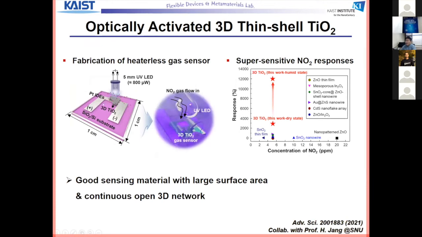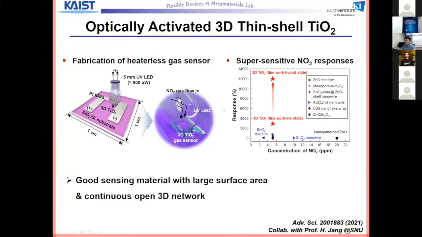And also, this is one of our recent examples where we use those three-dimensional porous oxide thin shells for sensing materials, and we found this three-dimensional TiO2 shows the highest responsivity ever in NO2 sensing. In these cases, the reason we can achieve this very high sensitivity, even at room temperature under humid conditions, is notable.